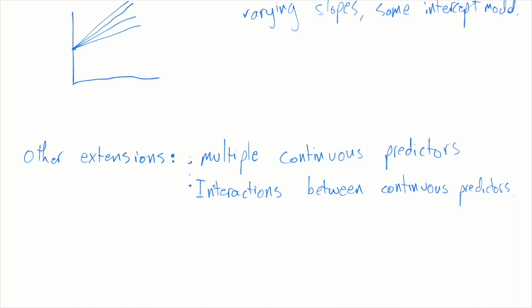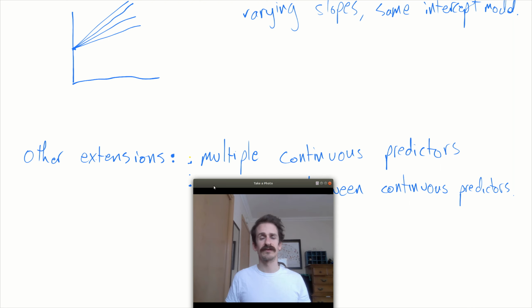And then I'll finally wrap up with a short note. If you're hanging out with old school people, you might hear the word ANCOVA talked about, which stands for analysis of covariance. It's basically where you might have varying intercepts but the same slopes.